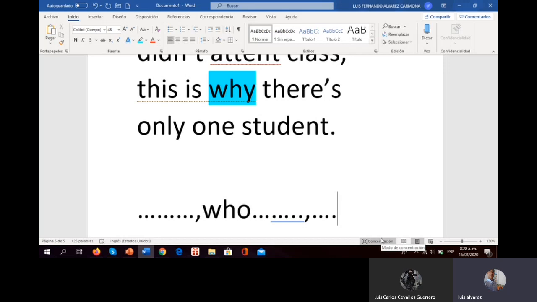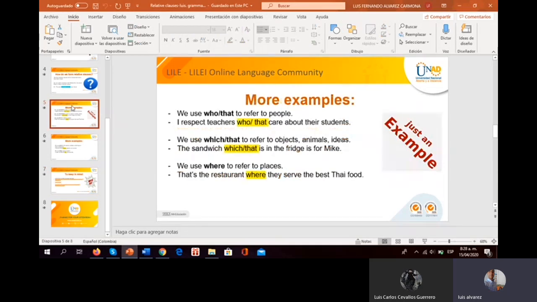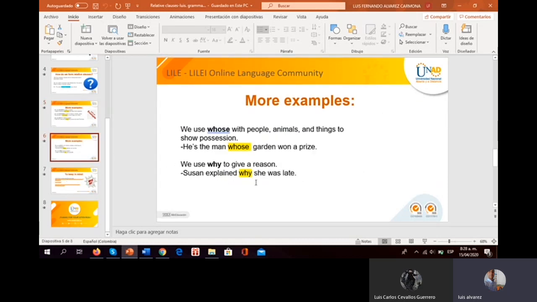Or sometimes when we just give information that is not necessary, we can also put it between commas. But in general terms, it's important to remember the uses of these words: who for people, which for things, where for places, whose for possession, and why for reason. This is in general terms what we need to remember. Okay, Luis?